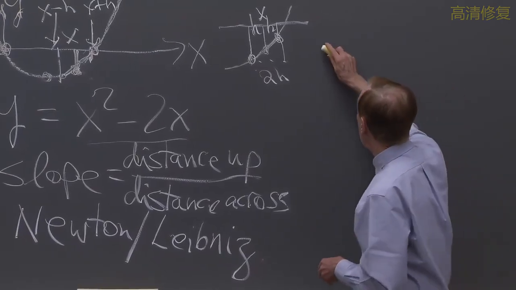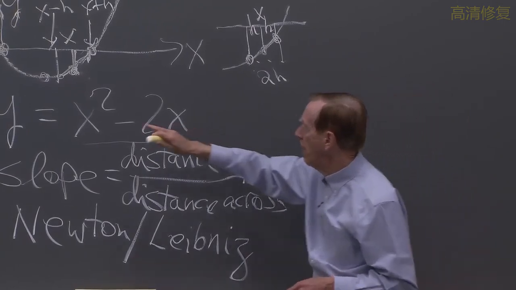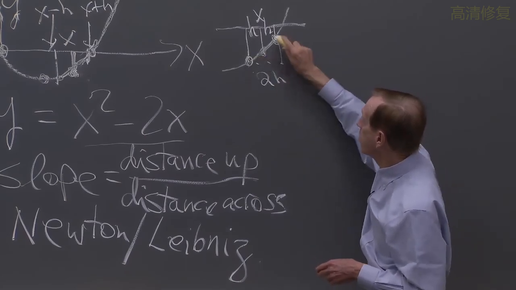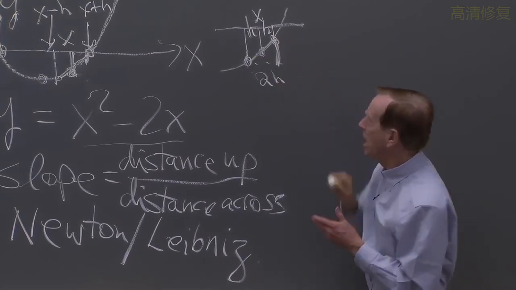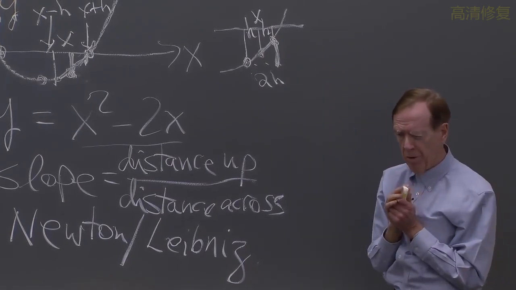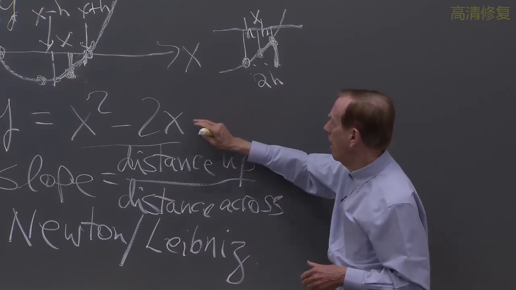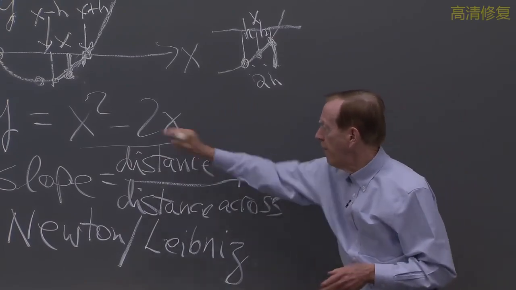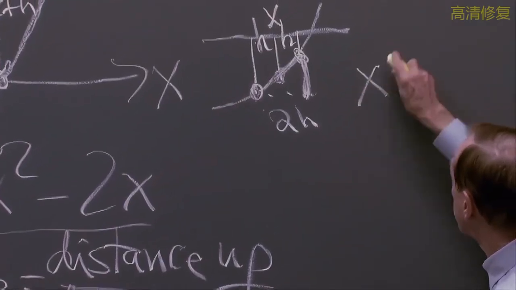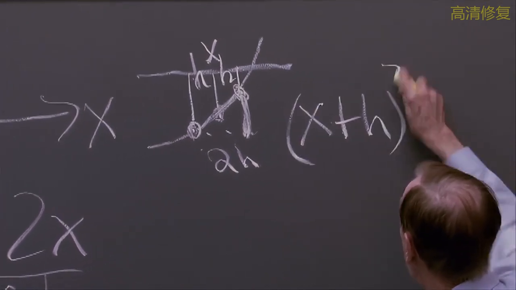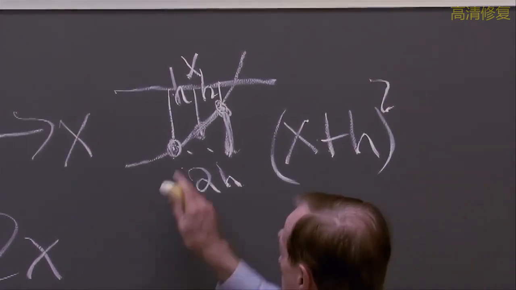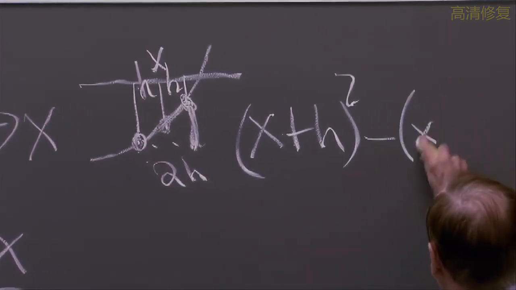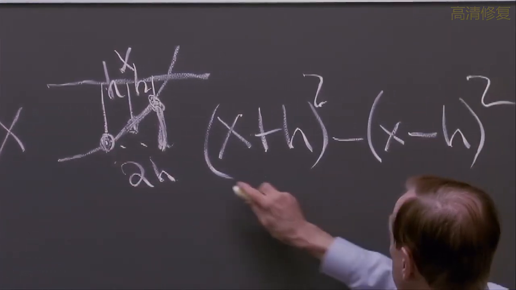Okay, here we go. So I have to find y at this point and y at this point and subtract to get that height, to get how far we moved. Let me take the x squared term first. So the distance up from the x squared would be x plus h squared minus x minus h squared, over 2h.